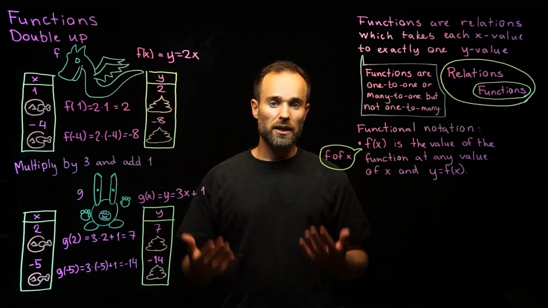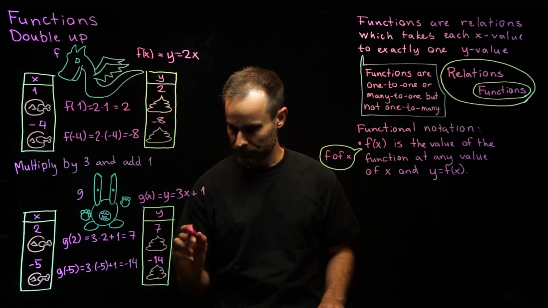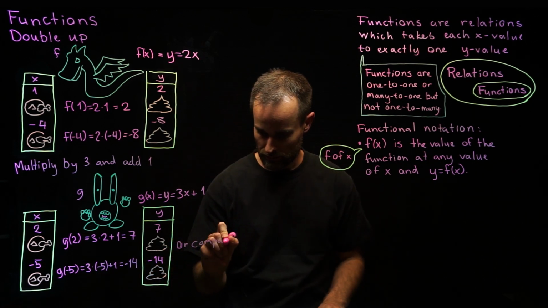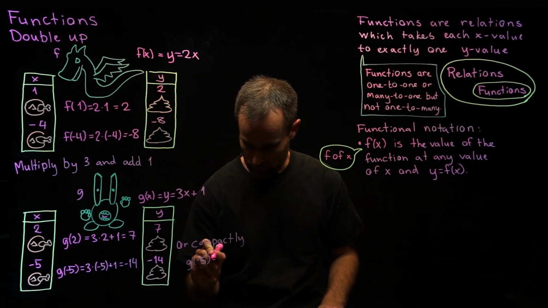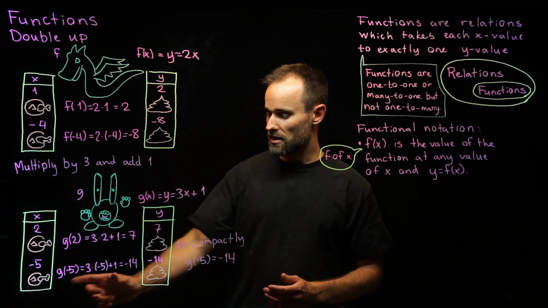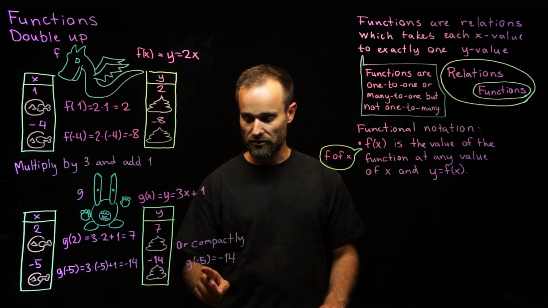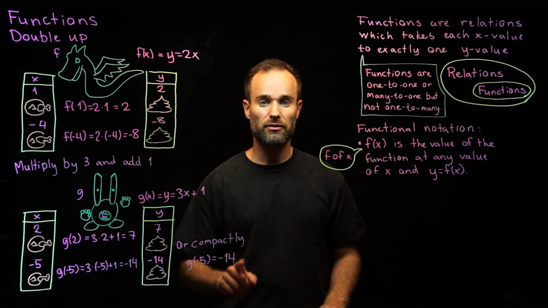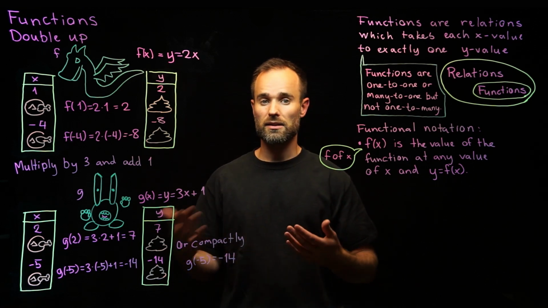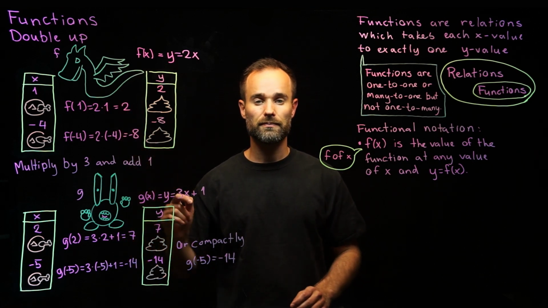We can even omit the calculation and write it more compactly. That is, this calculation can be written as g of negative 5 is equal to negative 14. And similarly for the other function values we've calculated.